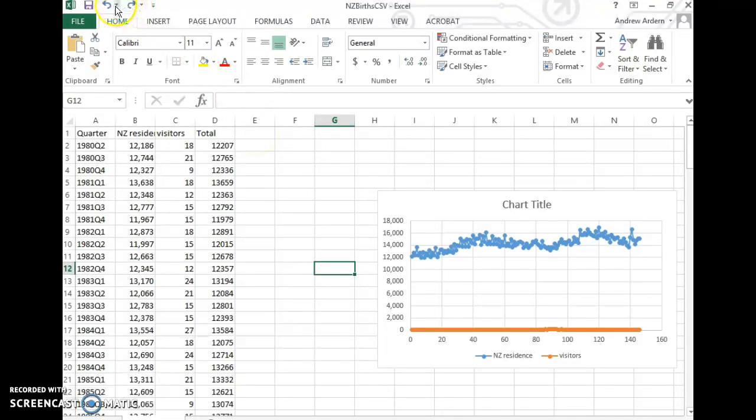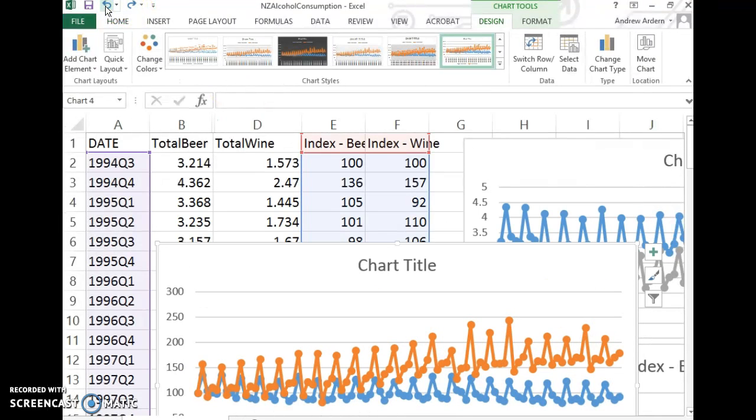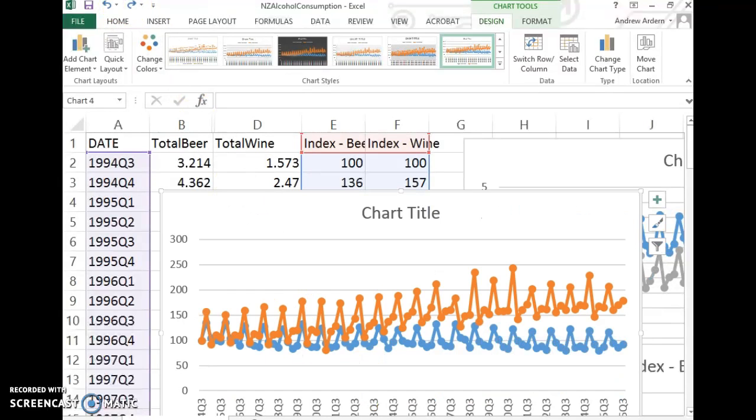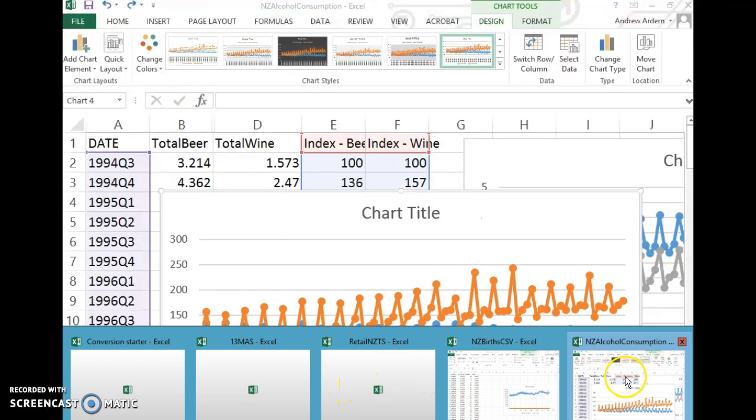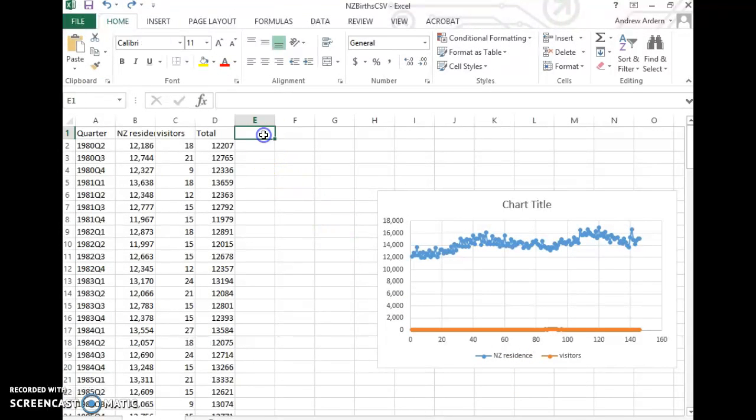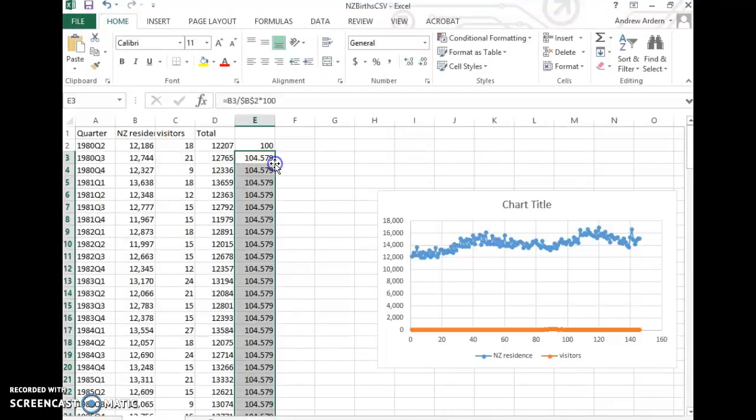So here's where, and I think if I just click undo a few times, oh, whoops, no, it's not going to work. I'll do it quickly again. This is 100. This is equal to this cell relative to the first cell, F4 times 100, enter, double click.